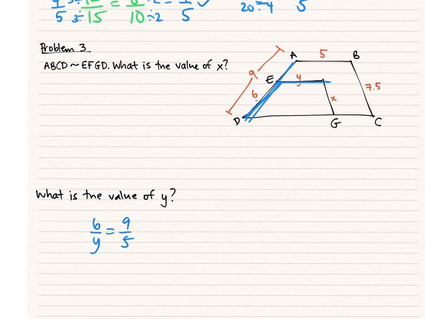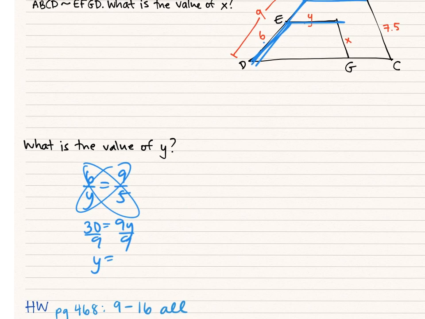So we can solve for y here. So this is 30 equals 9y. And if we divide both sides by 9, y equals 30 divided by 9. 3 1/3. 3.33. Okay, or we could write 10 over 3.